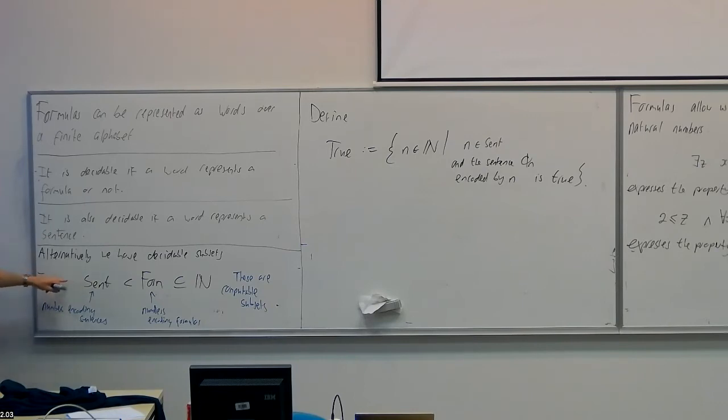It can't be the whole set, so it must be strictly smaller. So yes, that's true. Anything else? Does anyone want to be more bold? It's also not computably enumerable. Very good.